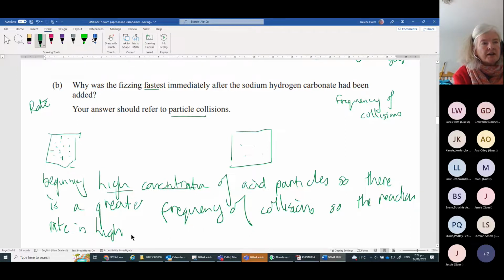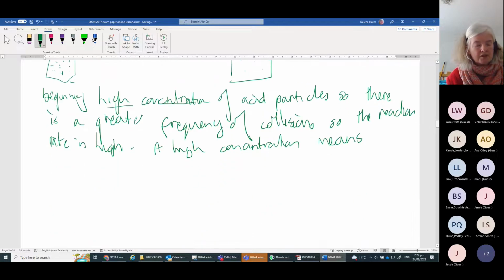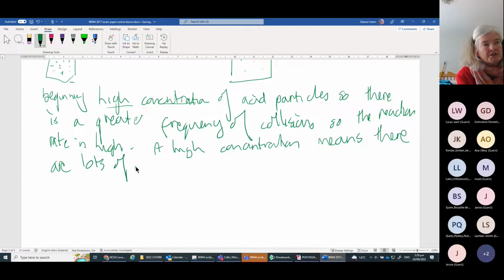High concentration means there are lots of H2SO4 acid particles per unit volume.